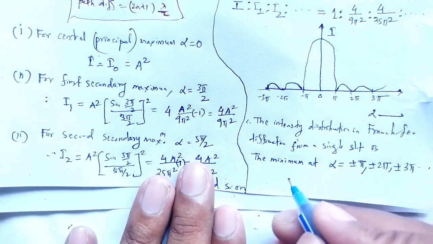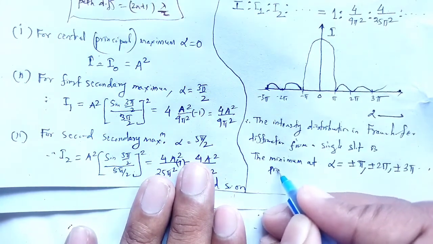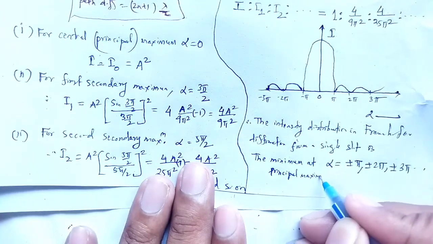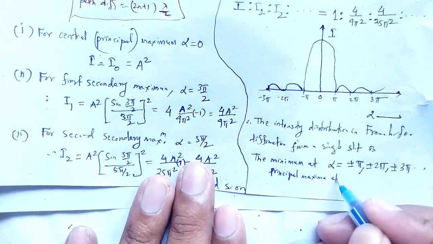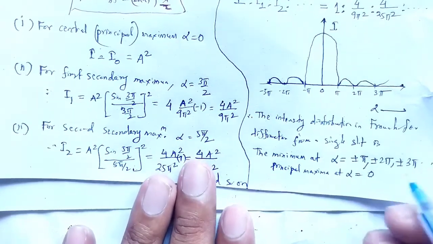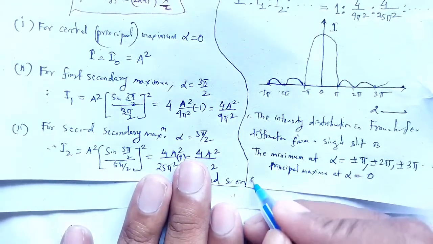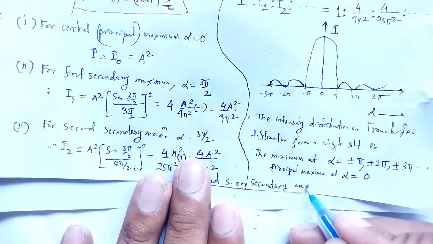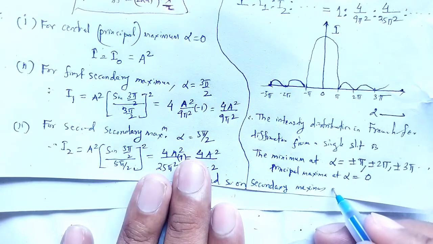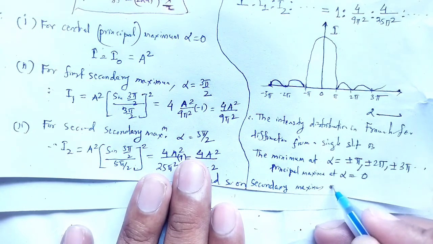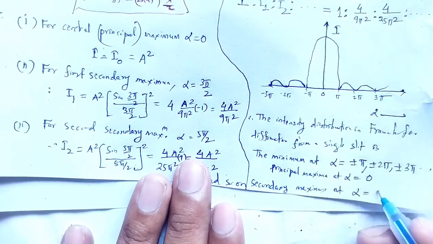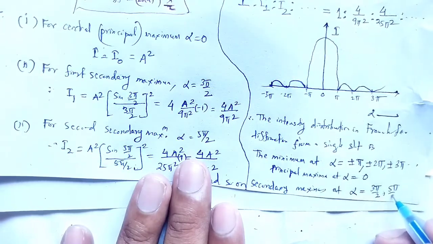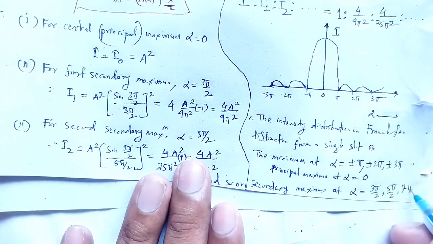The principal maximum is at alpha is equal to 0 and secondary maxima at alpha is equal to 3 pi by 2, 5 pi by 2 and 7 pi by 2.